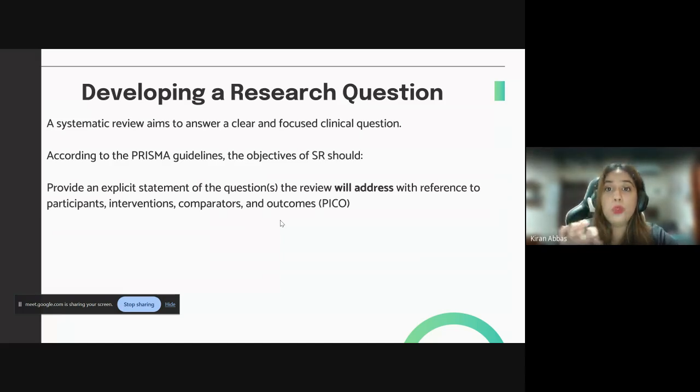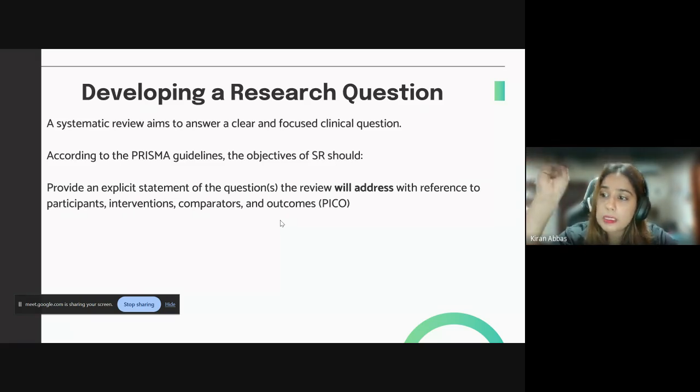So how do you actually do that? You can do that by following the PRISMA guidelines, that it should have an explicit statement, and that the question should be based on the PICO criteria. We will go into the detail of PICO criteria in a minute, but first I would like you to understand what a PRISMA guideline is.